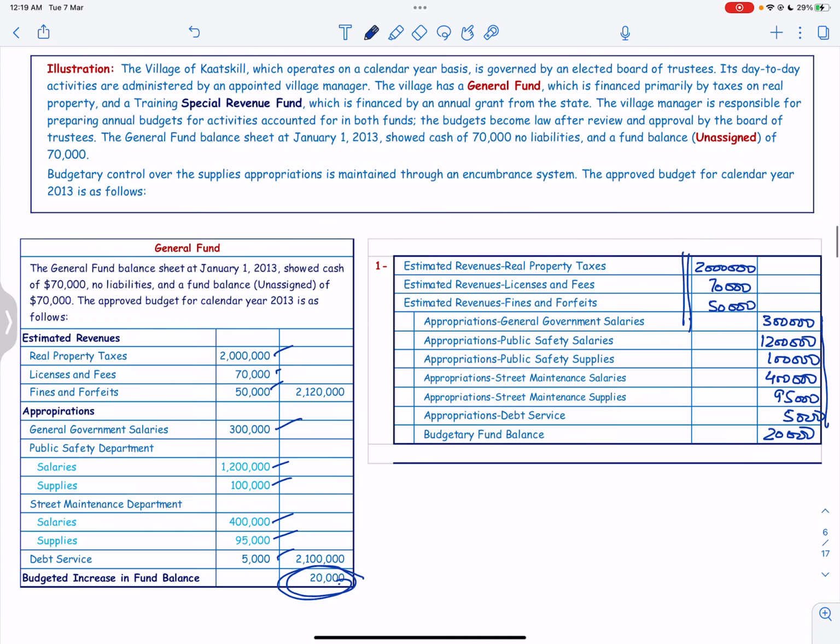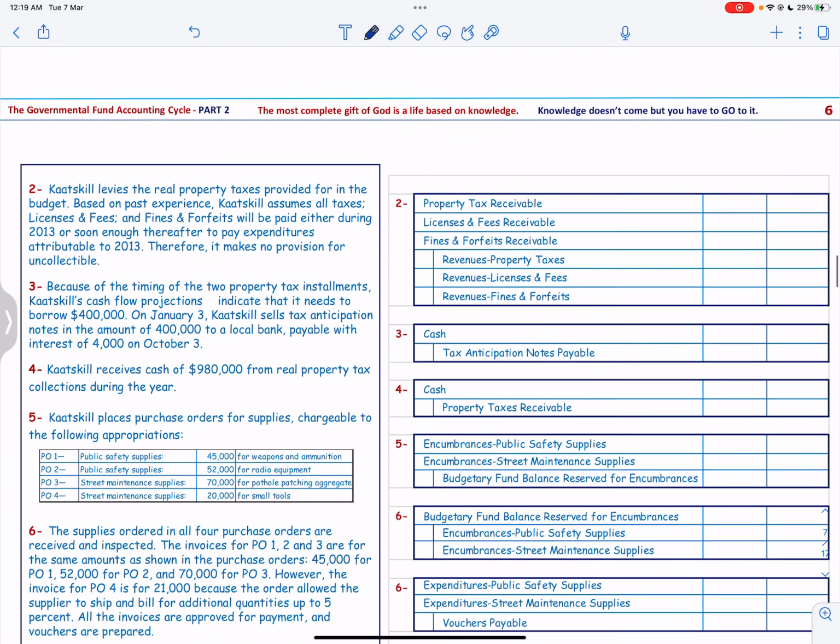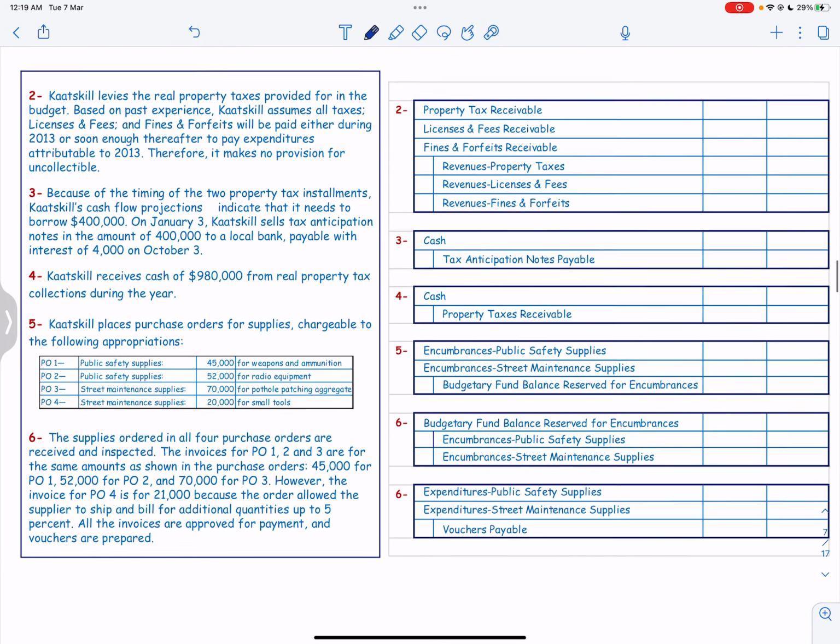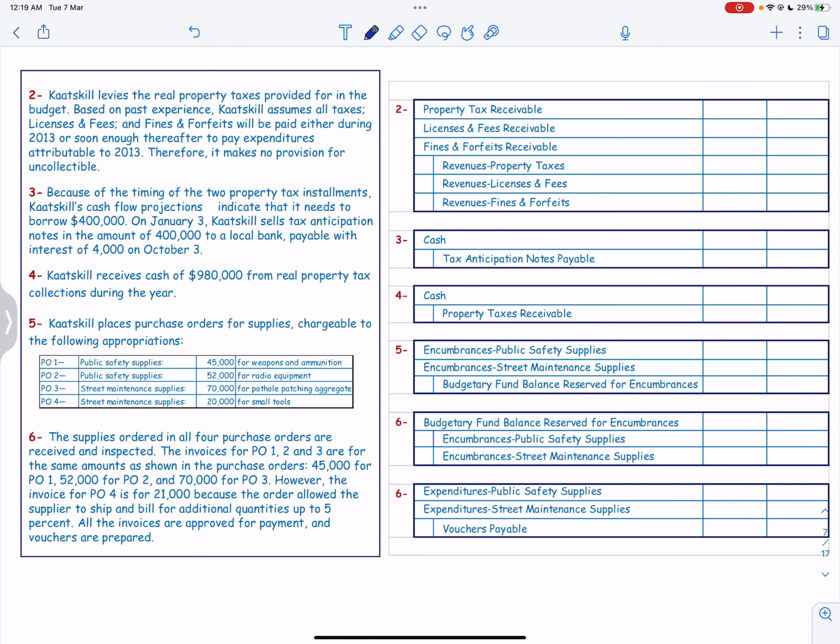Let us go to the second journal entry. Catskill levies the real property taxes provided for in the budget. Based on past experience, Catskill assumes all taxes, licenses and fees, and fines and forfeits will be paid either during 2013 or soon enough thereafter to pay expenditures attributable to 2013. Therefore, it makes no provision for uncollectible amounts.